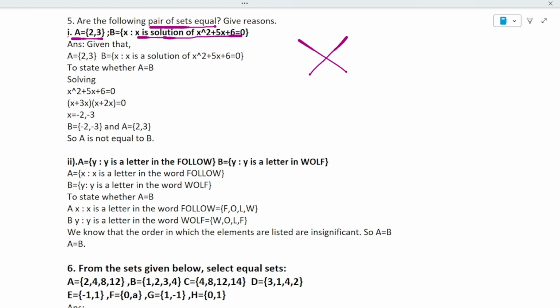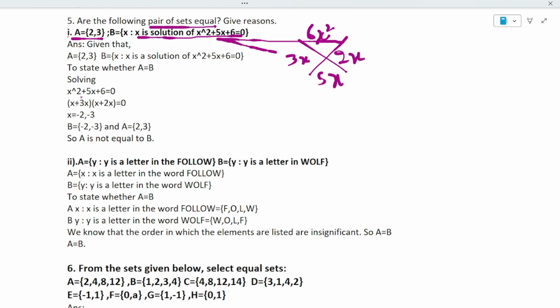You should multiply the last element with the first element, so you will get 6x square. Here you should get 5x. How can you split it? You take the factors, 3x and 2x. Now you write it as x square plus 3x plus 2x plus 6, splitting 5 as 3 and 2.